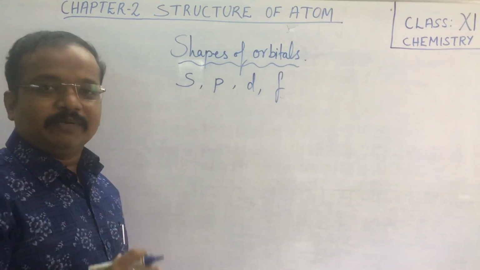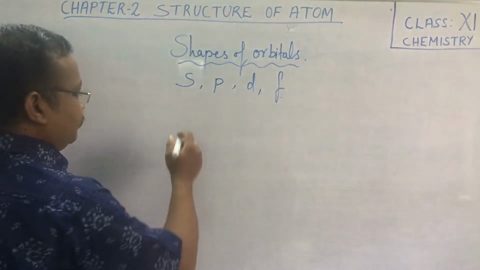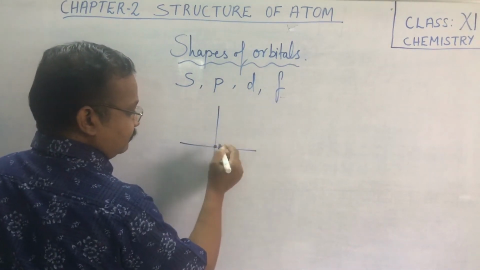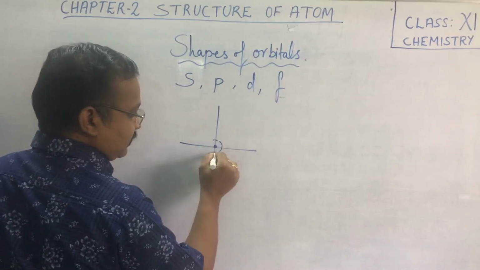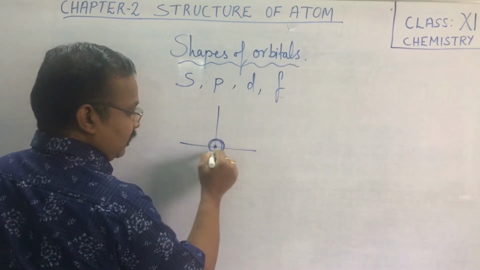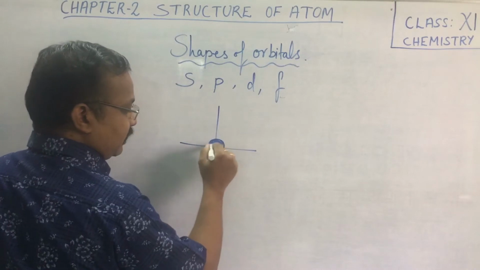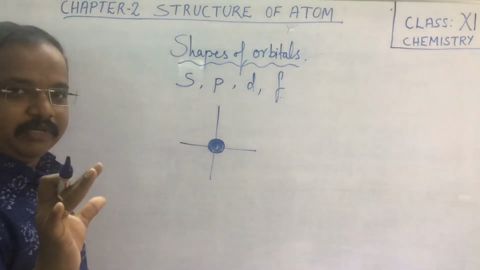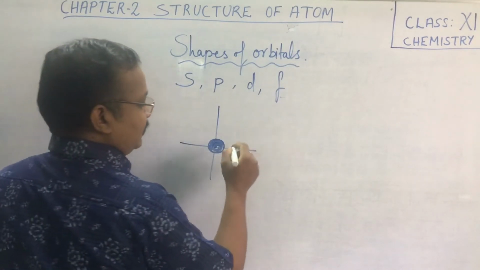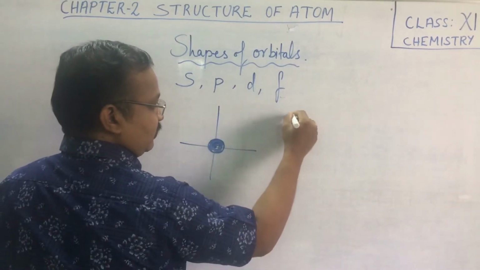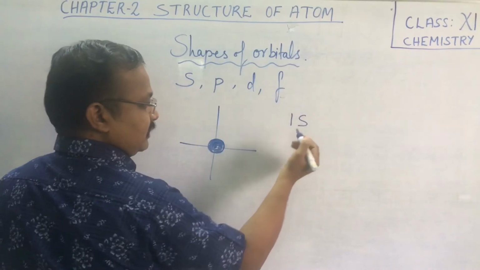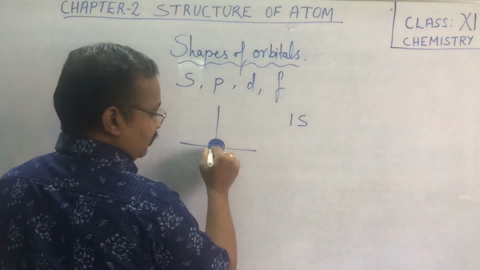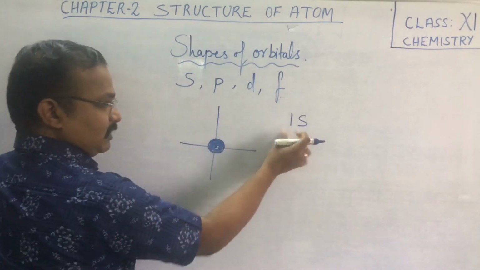In which s orbitals are spherical in shape. That is, if this is the nucleus of the atom, s orbitals are expected to be spherical in shape around the nucleus. If it is the first energy level, that is 1s, we can consider this to be the 1s orbital.